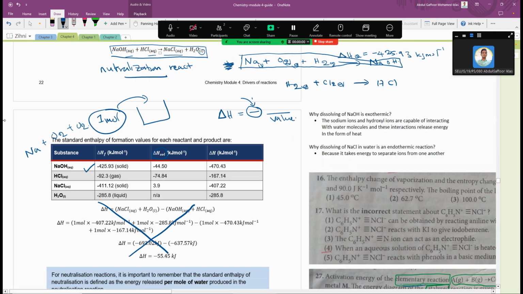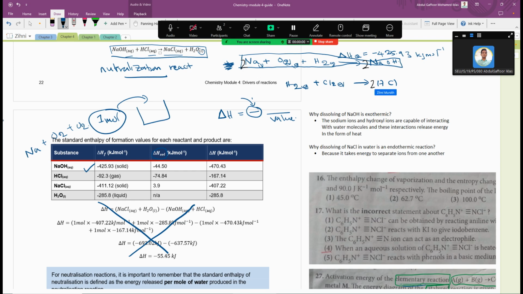So 2 here and 2 in front of the Na. Conventionally, when we are balancing the equation, this is how we have to balance.